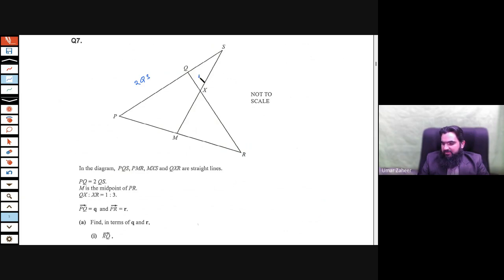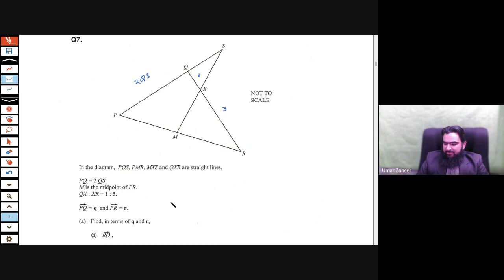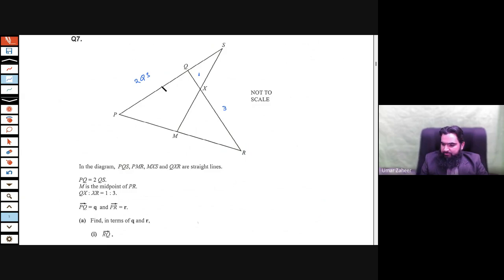So this is one part, and this is three parts. It is given that from P to Q it is q, and from P to R it will be r. Now look here. If it is q, and PQ is equal to 2QS, from here we get that PQ divided by 2 is equal to QS.